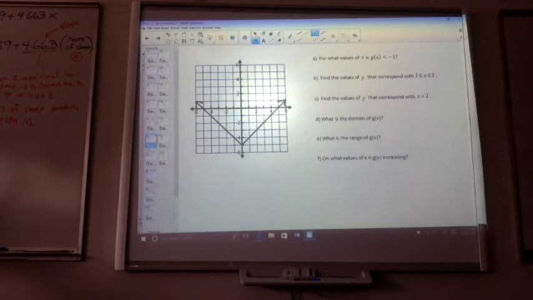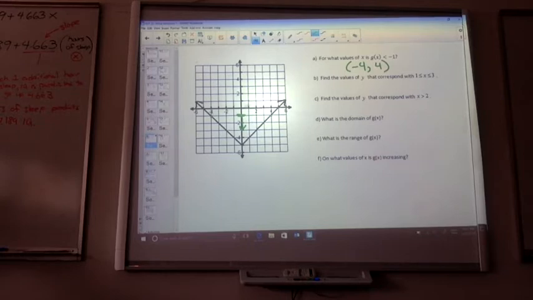This is actually called an absolute value graph. So for what values of x is g at x less than negative 1? Okay? So g at x, where is it less than this? You want to be below it. So what values of x? What about here and here? So at negative 4 to positive 4, our function has a value that is less than negative 1, meaning it's down here.